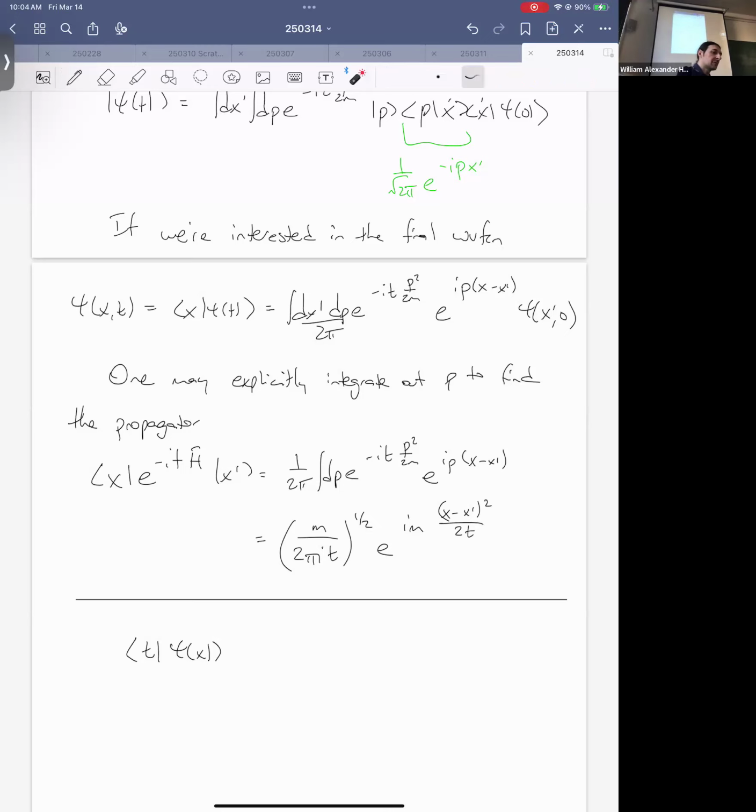So what are you doing here physically? You're treating x as a parameter and t as an operator. Right? This would be the eigenstate of the t operator. So we are used to the idea of considering x as an operator and t as a parameter. So presumably one should be able to think about it this way. I don't know offhand how to think about it that way.